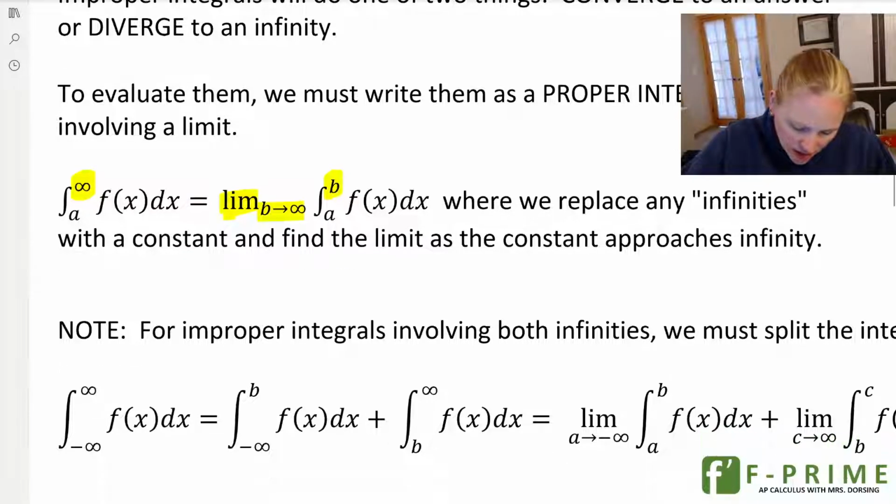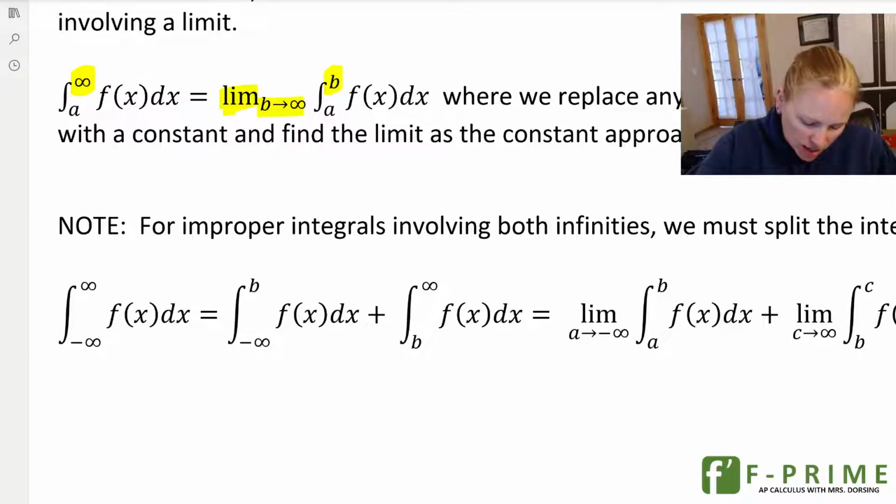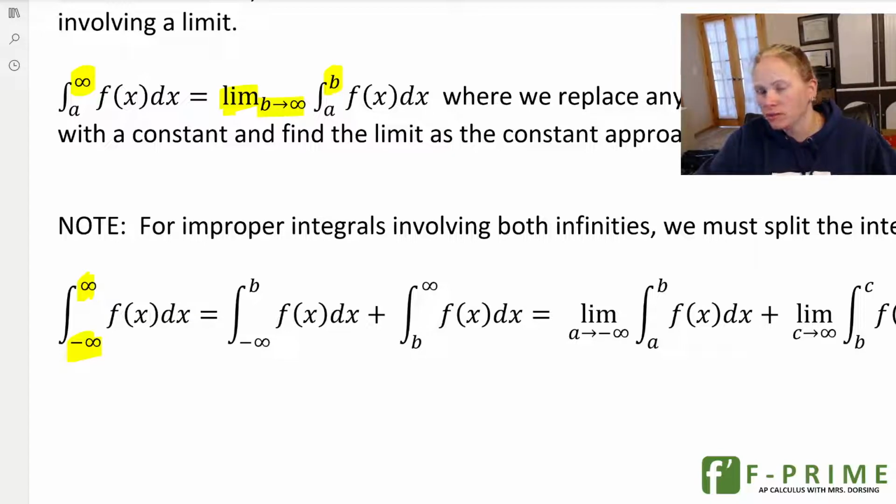So when I have a situation where maybe I would evaluate a function from negative infinity to positive infinity, well then I would have to break it up and express it as two integrals. So I would split it and I'd say, well, from negative infinity to something. Oftentimes we'll use 0 because 0 is a really great number.